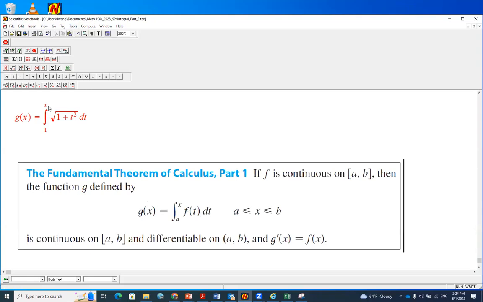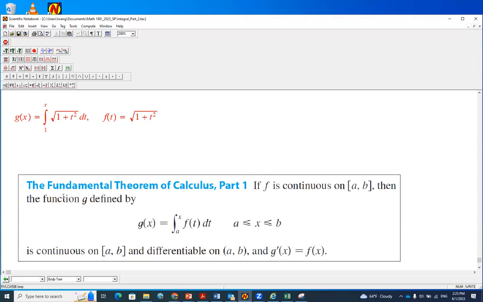From a to x, f of t is this piece. So f of t is root 1 plus t squared. Okay, so let me leave some space.